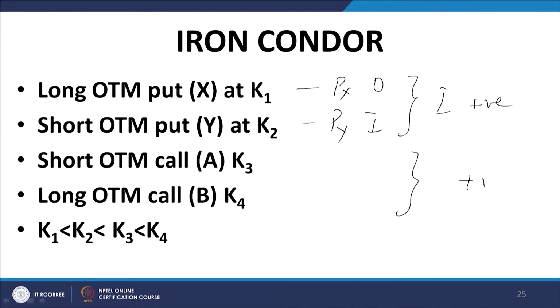In other words, this will also result in a positive flow. So the net flow of both these sets, and therefore the aggregate, is going to be positive.